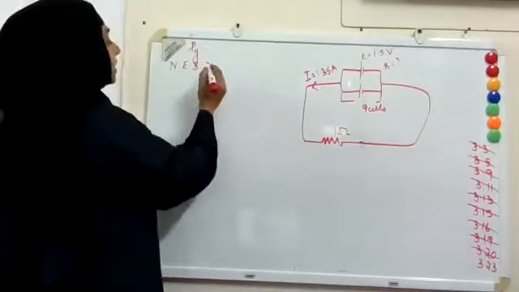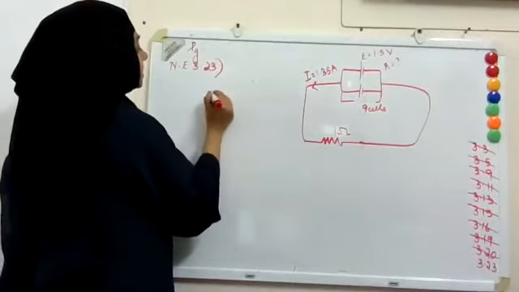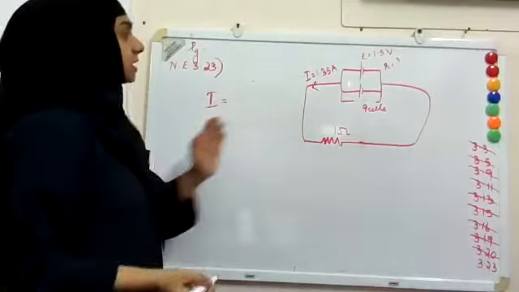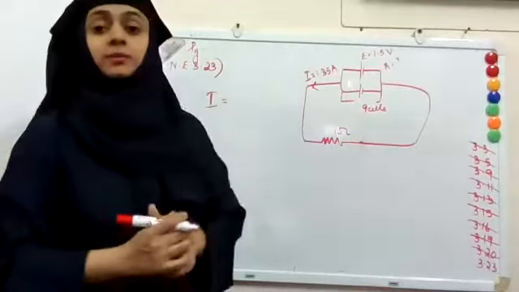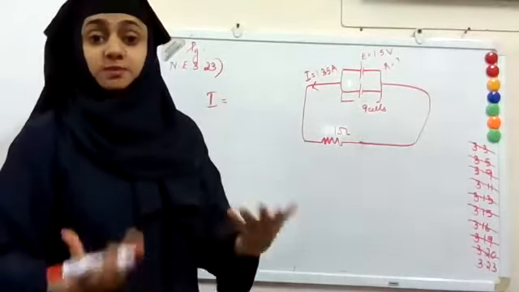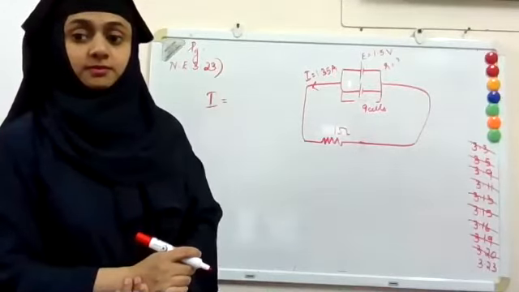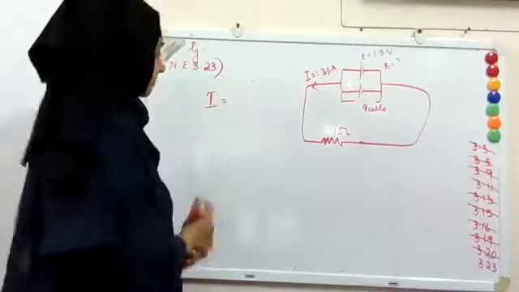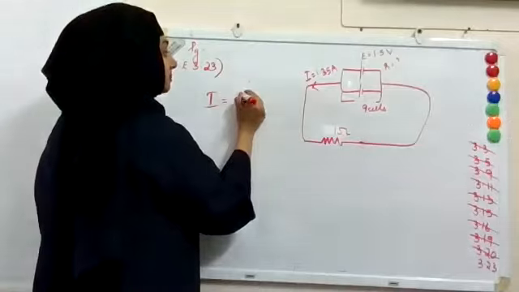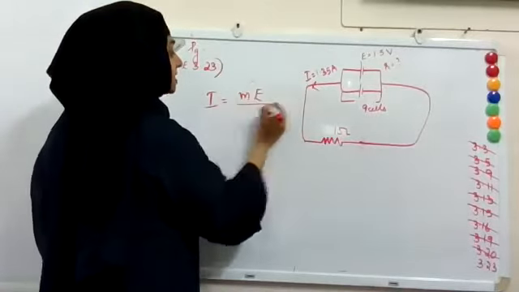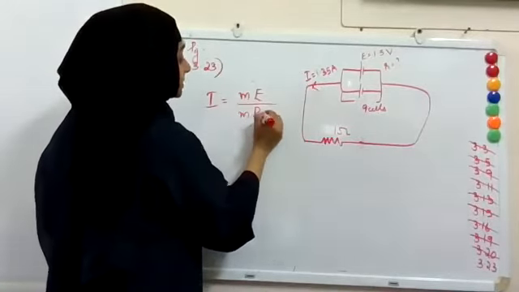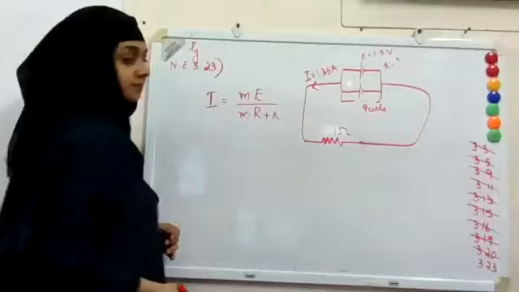So here again you have learned an equation. What will be the current if there are M cells connected in parallel? I is equal to M E divided by M into capital R plus small r.